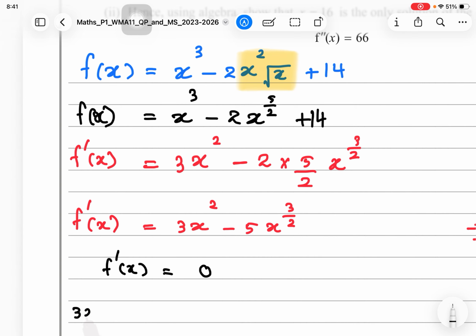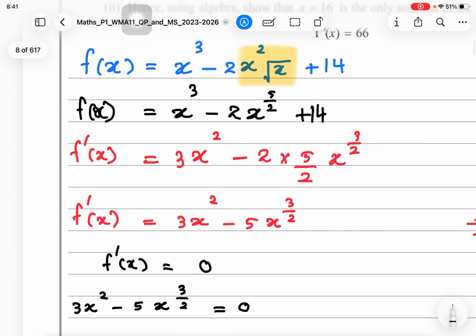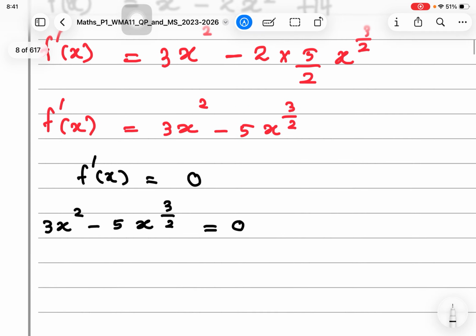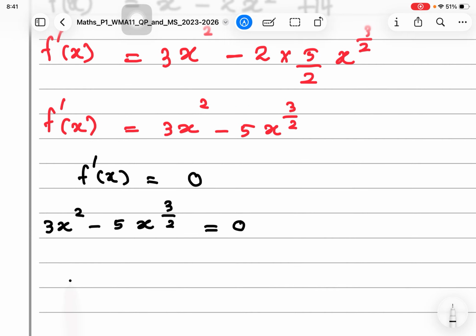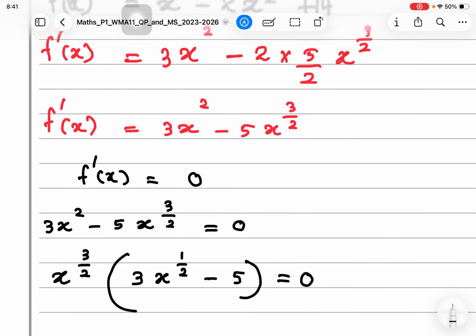So 3x squared minus 5x to the power 3 over 2 equals 0. With this one, we can take the x to the power 3 over 2 to the front as a common factor. So this will be x to the power 3 over 2 times 3x to the power half minus 5 equals 0.